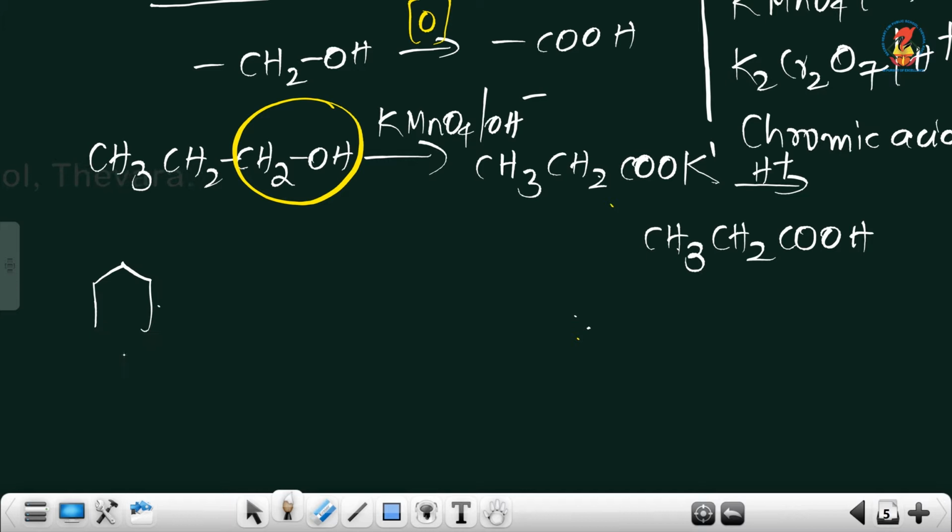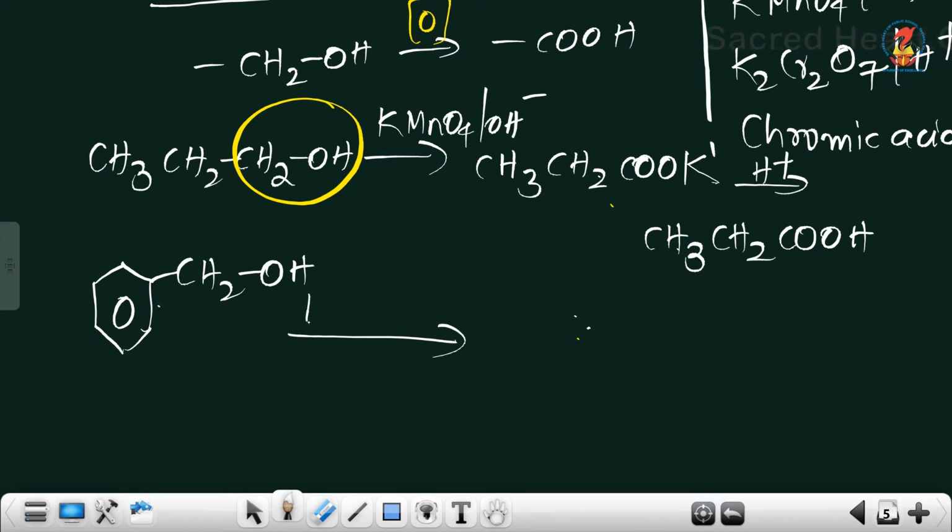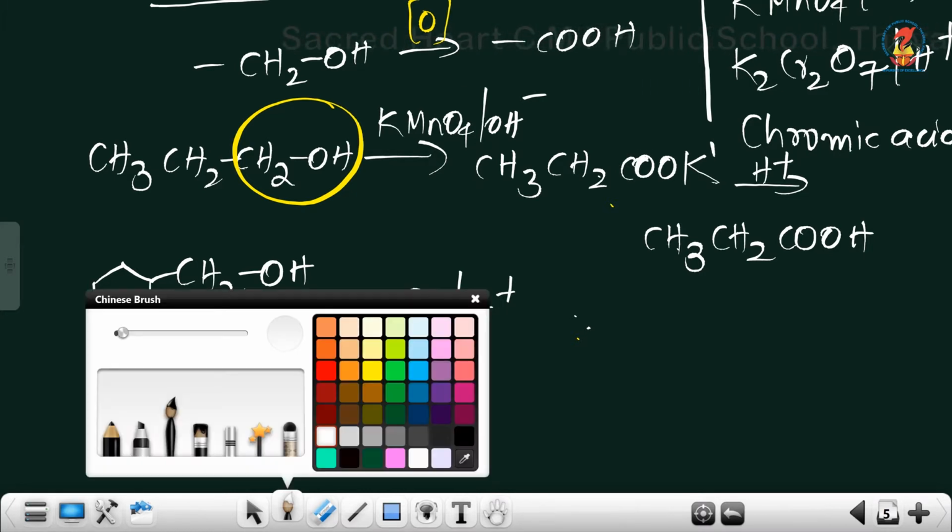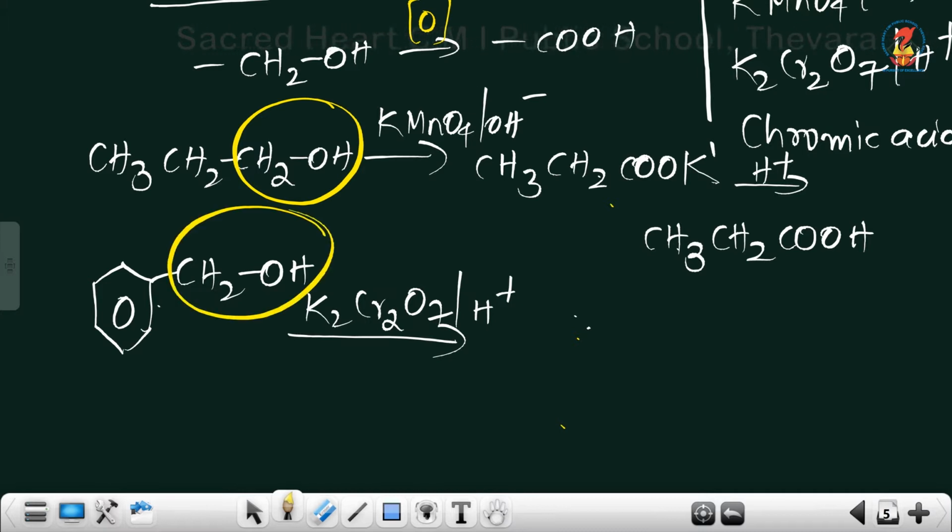Okay, another example is a benzene ring containing CH2OH. Instead of a potassium salt or alkaline medium, if I am using the strong oxidizing agent, that is K2Cr2O7 bar H plus, since the medium is acidic, here the primary alcohol will be oxidized to carboxylic acid itself.